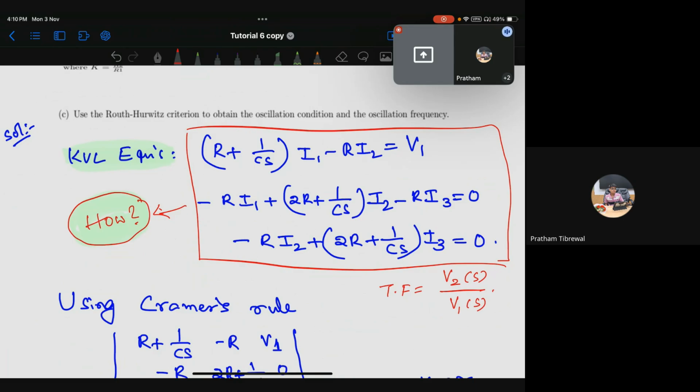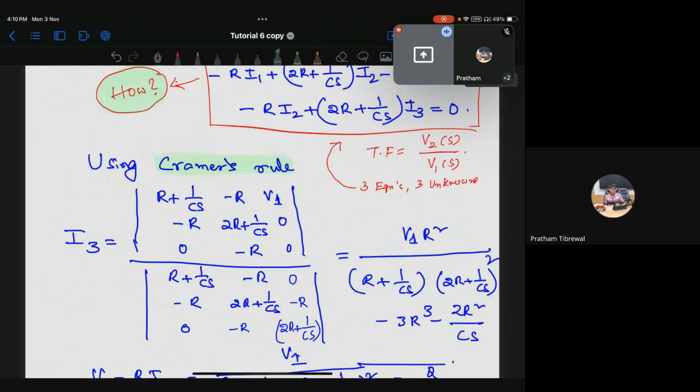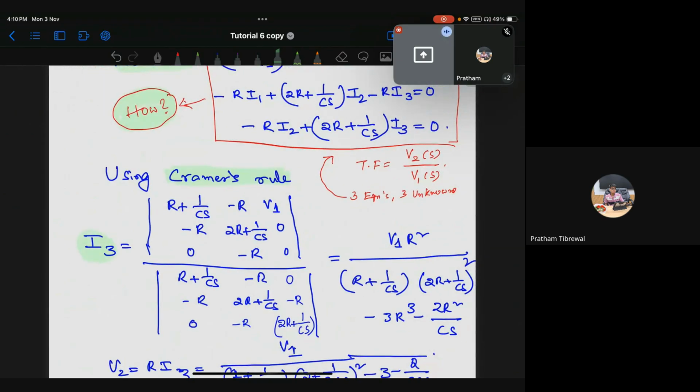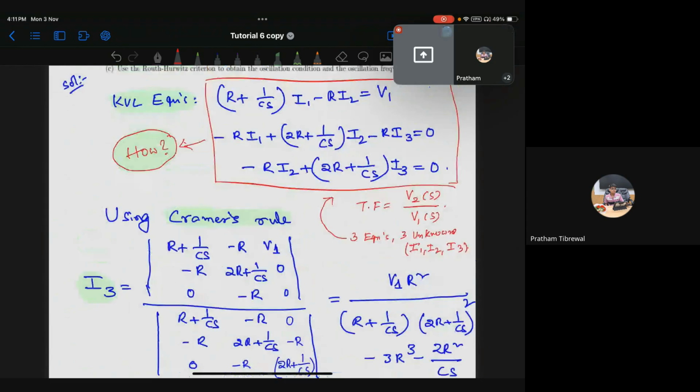Since we have three equations and three unknowns, I1, I2, I3, from matrix theory we are using Cramer's rule to find I3. How are we finding the I3 expression?